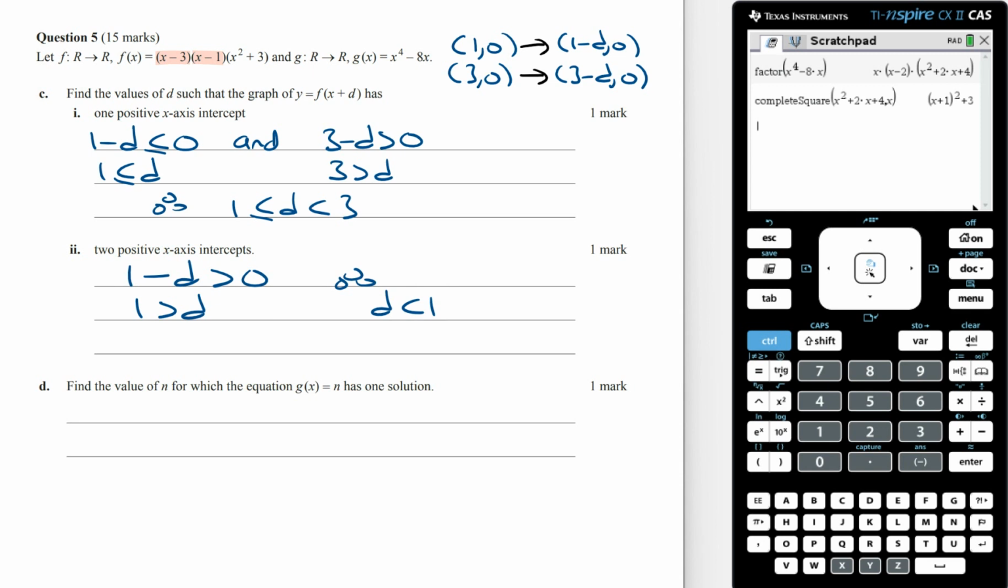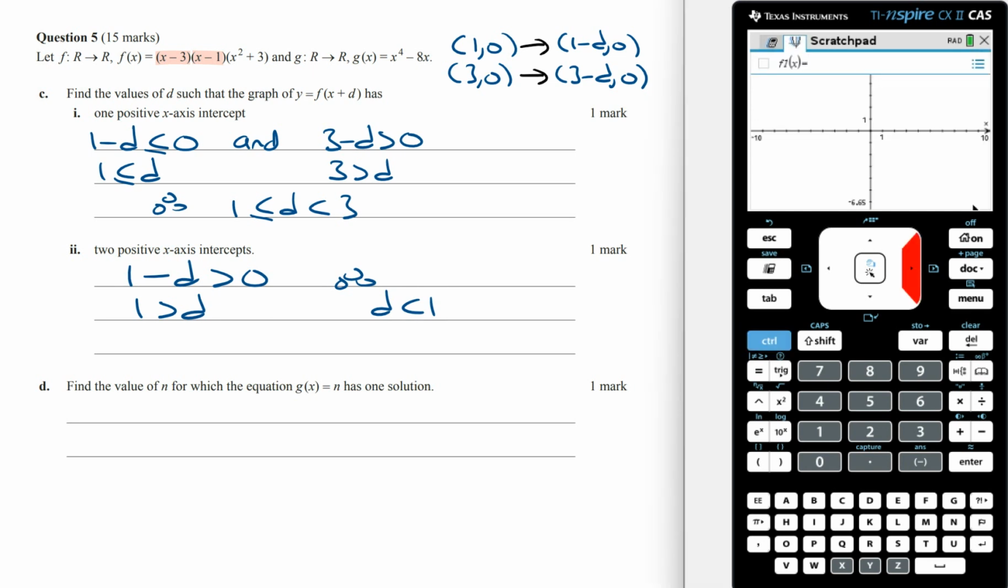If we have a look at the graph of g of x using the calculator, we can see that it has a minimum point. And so the only place where we can draw a horizontal line that touches the graph of g of x only once is a line that touches the minimum point. And so the value of n is going to be the y value of this point.